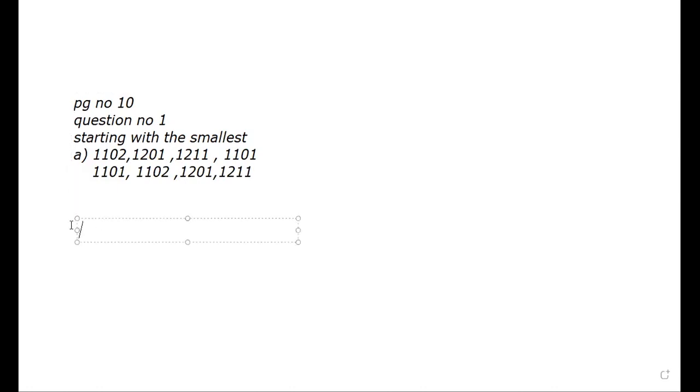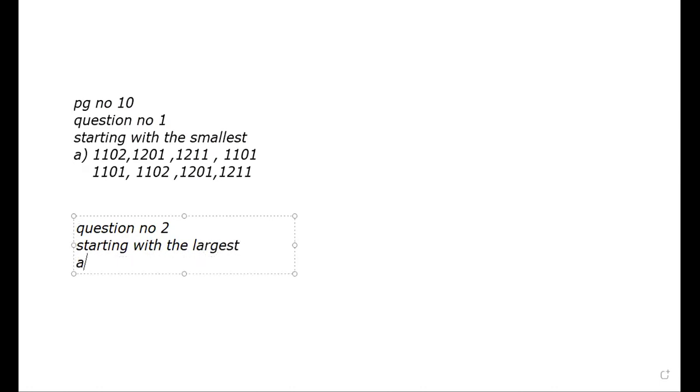Now on the same page, question number 2. What we have to do is start from the largest number. I'm going to do A part for you. In A part, you can see they write 5 values.